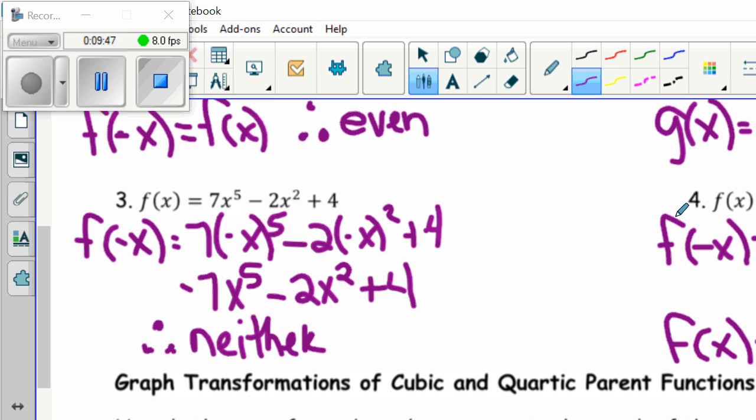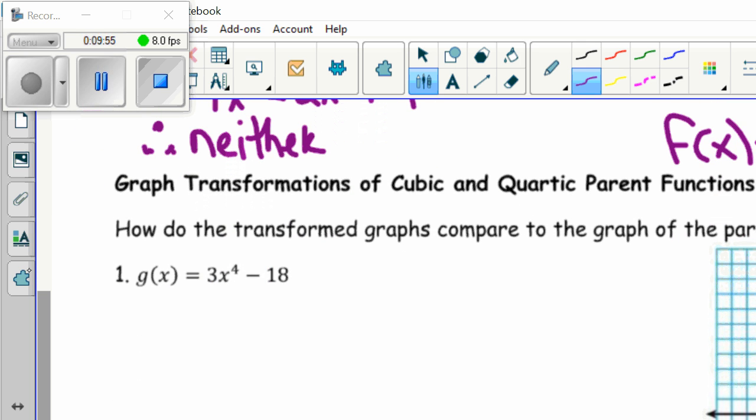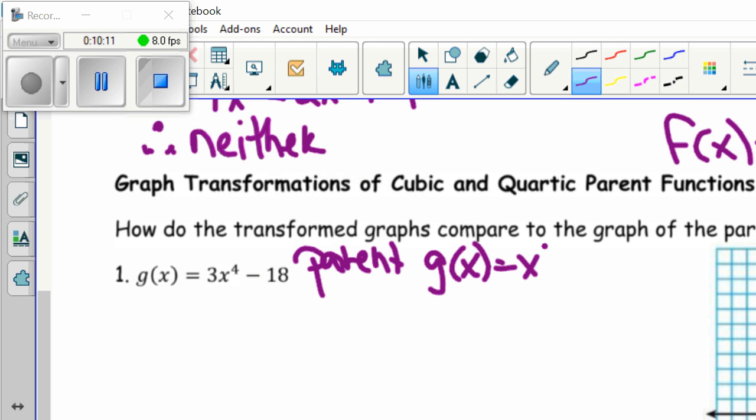The last thing that we're going to look at today is graphing transformations of cubic and quartic parent functions. So it says, how do the transformed graphs compare to the graph of the parent function? g of x equals 3x to the fourth minus 18. Our parent function is going to be g of x equals x to the fourth.